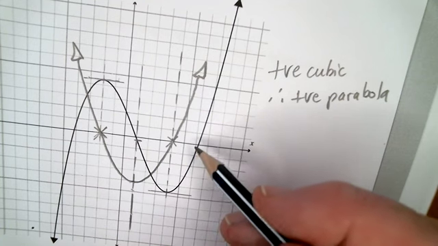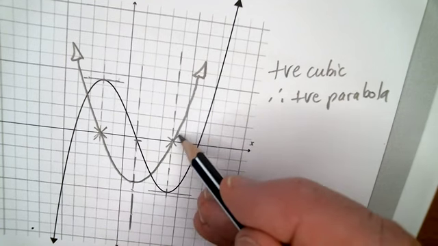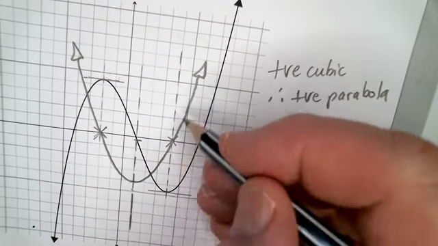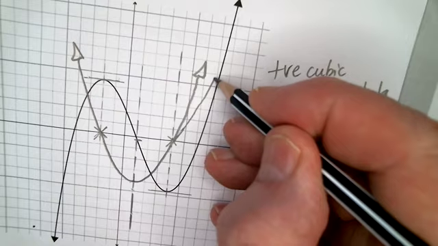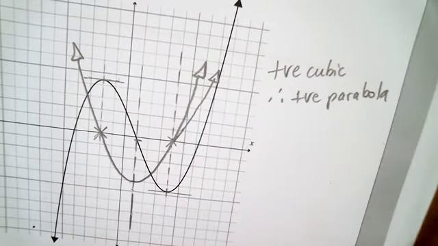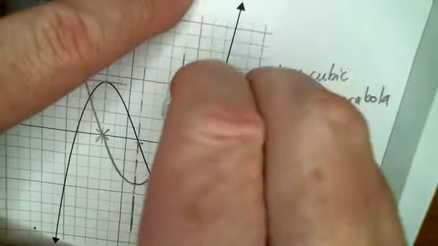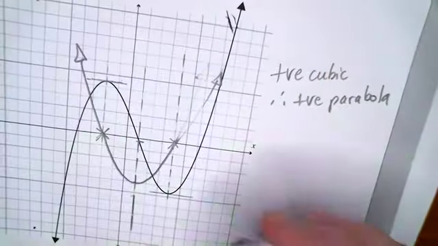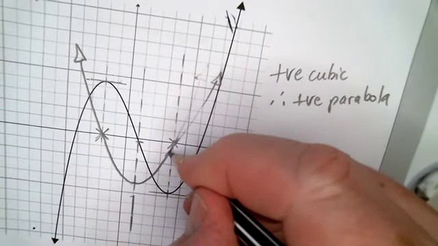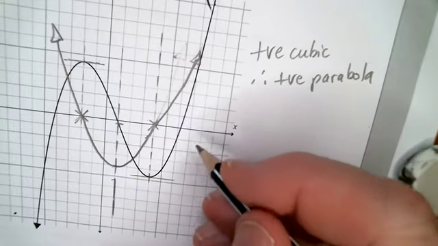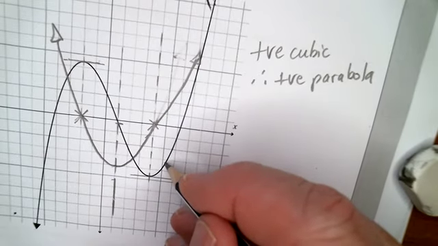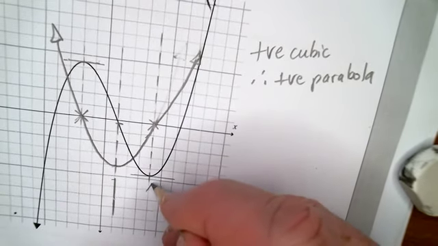I would probably even have this going up here, yes? The reason it's got to go up there is because when you take a value like this one here, you're going to say, well, what is the gradient at that value there?